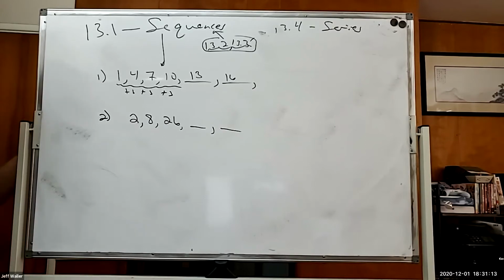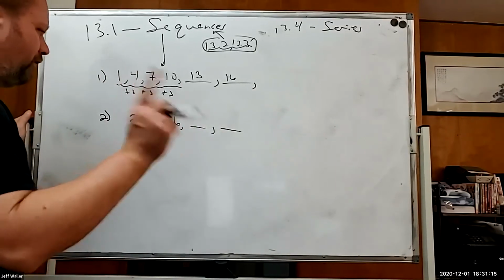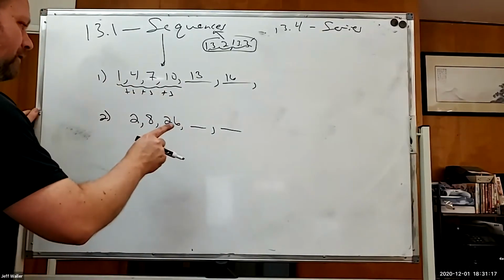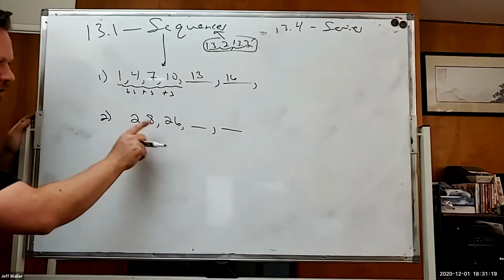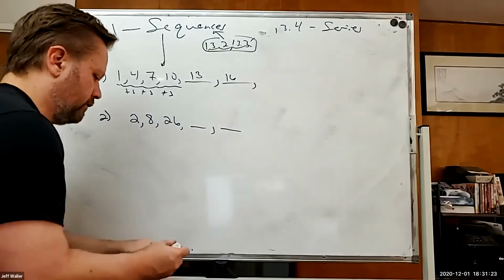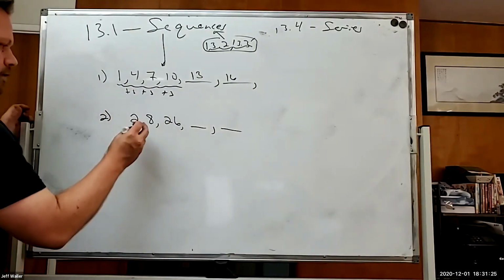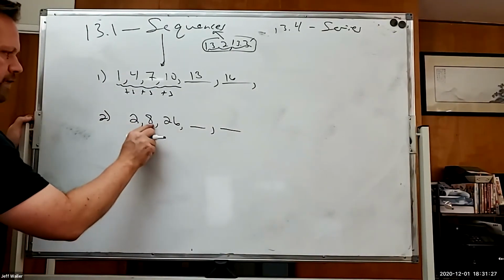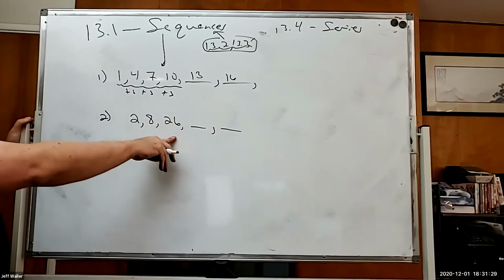Oh, that's so cool. That's not what I was thinking, but let me just show you what it is. You said times 3 plus 2, times 3 plus 2. You guys see how that works?